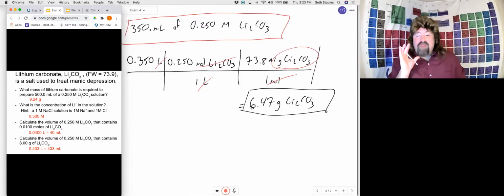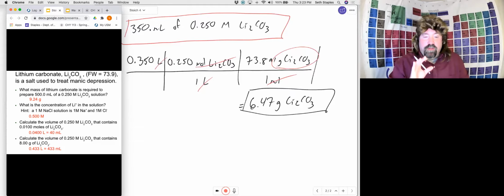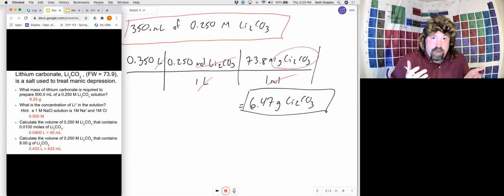This is an incredibly common calculation to do in a chemistry lab. Solution prep is one of the most common things that has to be done to get ready for any sort of work. When I was a high school chemistry teacher preparing everything on my own for labs, I would have little Post-its full of these calculations all over the lab.